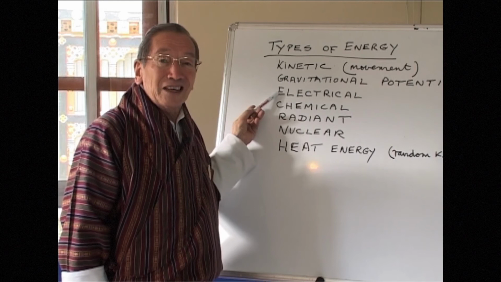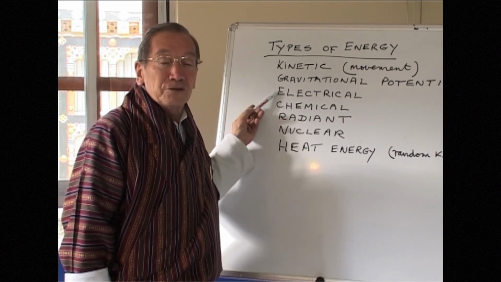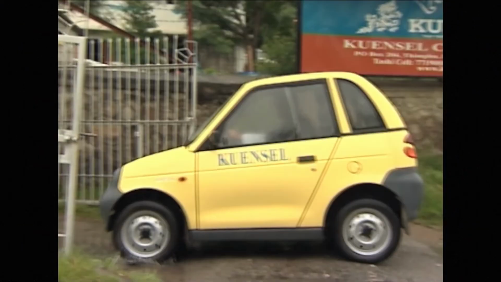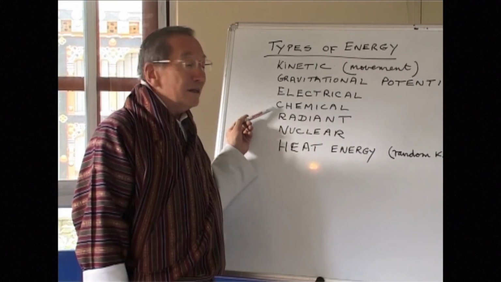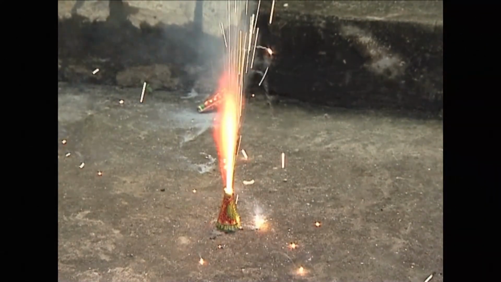And we've talked about electrical energy. We've seen it's very useful. We've seen electrical energy in the latest development, an electric car and a hybrid car. And we've talked about chemical energy, the energy you get when two chemicals interact with each other.